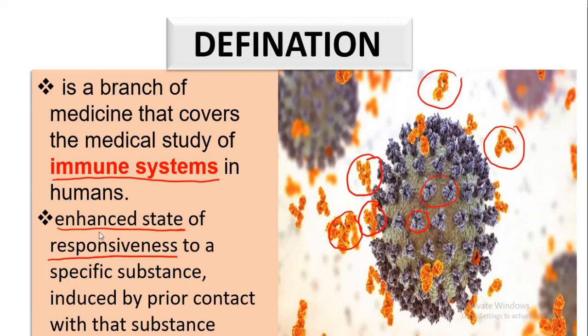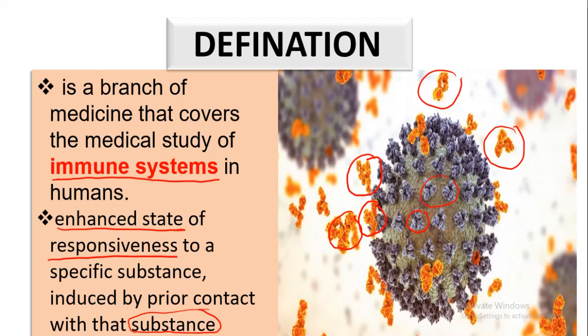This branch of biology is just trying to explain how the body behaves when it is exposed to other substances, and these substances can be a bacterium, a virus, or any foreign substance that can expose the body to some infections.